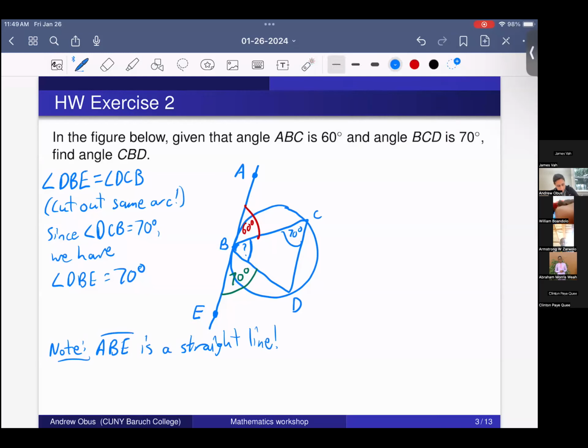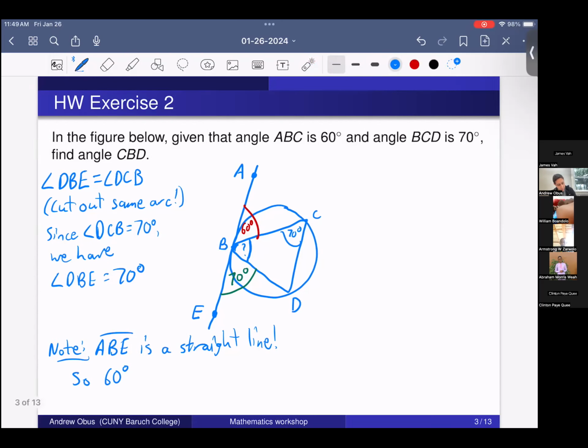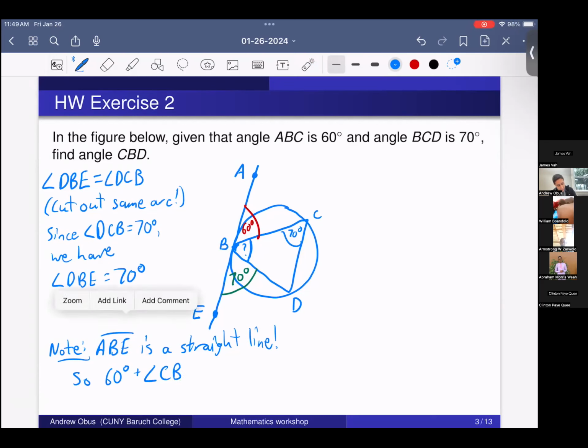So since these three angles are on a straight line, one of them is 60 degrees, one of them is 70 degrees, and the other one is the angle we want to find, which is angle CBD. So we have 60 degrees plus angle CBD plus 70 degrees equals 180 degrees, right? And so then we solve for angle CBD, and what do we get?